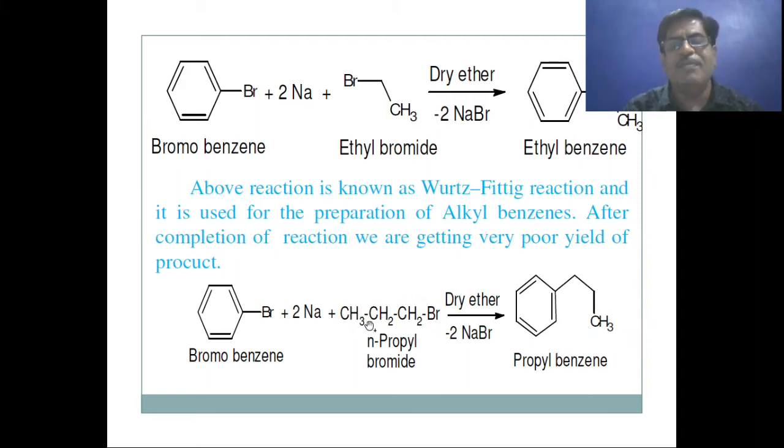How many carbons of alkyl we require depends on the alkyl bromide taken. So bromobenzene reacts with normal propyl bromide, this propyl chain is attached to this carbon, and propyl benzene is formed.